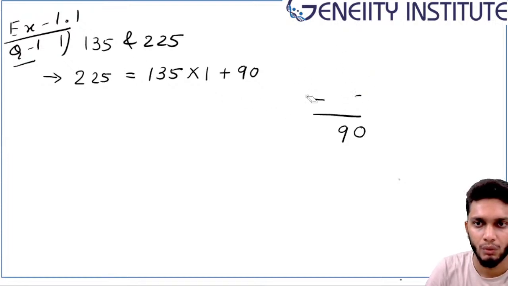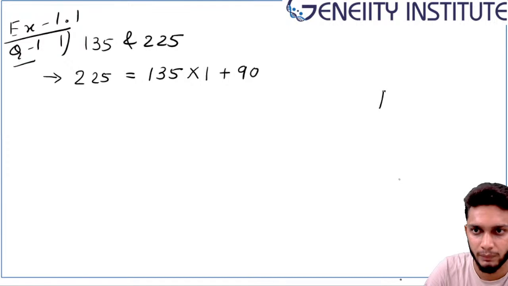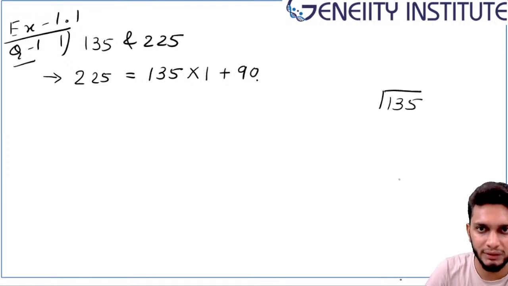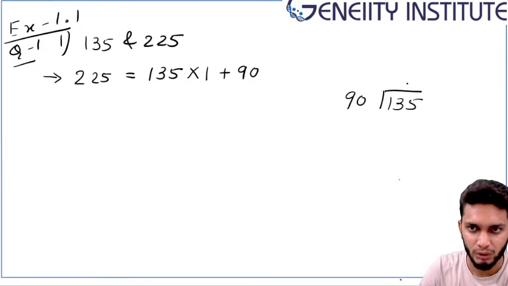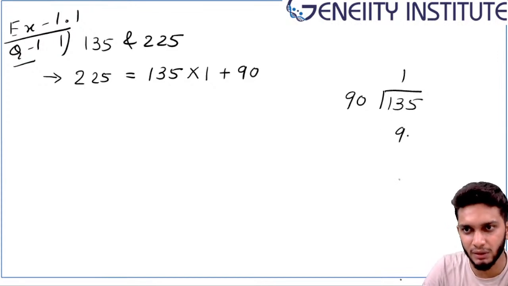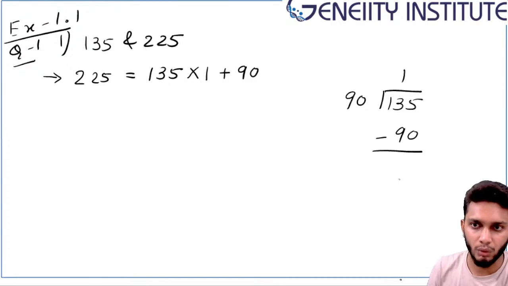Now we go to the next step. Take this 135 as the dividend and 90 as the divisor. Now divide 135 by 90. 90 ones are 90. Subtraction: 135 minus 90.